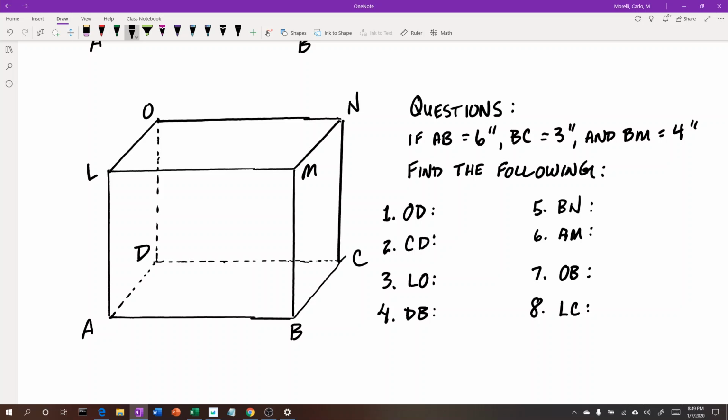So let's label what we know. We know that AB is 6 inches. Let's label what we know in green. This is 6 inches. And BC is 3 inches.